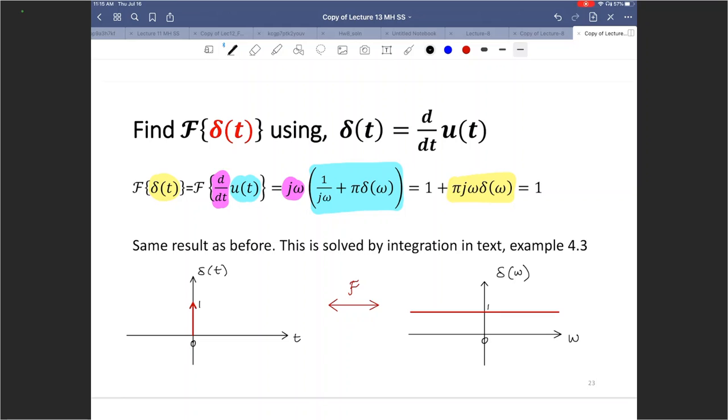I need to evaluate omega. Pi j omega delta omega will equal pi j 0 delta omega, which will be 0. So you will be left with 1. So what you have is a transform pair for an impulse and a constant. It's the same result as before.